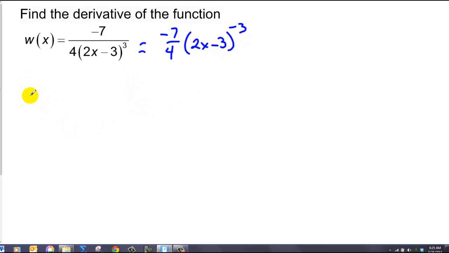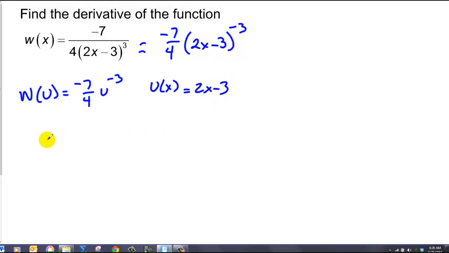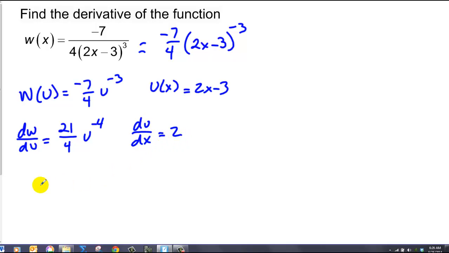So in this case, w of u is equal to negative 7 over 4 u to the negative 3 power, while u of x is simply 2x minus 3. So if I want to take dw du, I get 21 over 4 u to the negative fourth, while du dx is equal to 2.